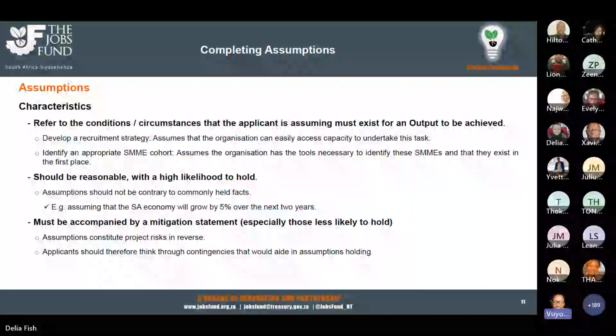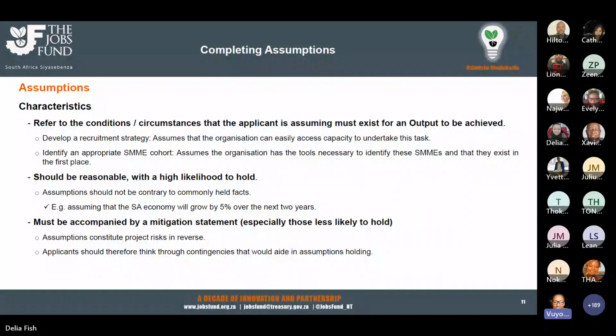Assumptions should be reasonable, with a high likelihood to hold true. As in the example we put here, if there is an assumption around the achievement of a particular output for your project that says the South African economy is assumed to grow over the next 2 years by 5%, that is not a reasonable assumption, because we know where the South African economy is in terms of its growth path.